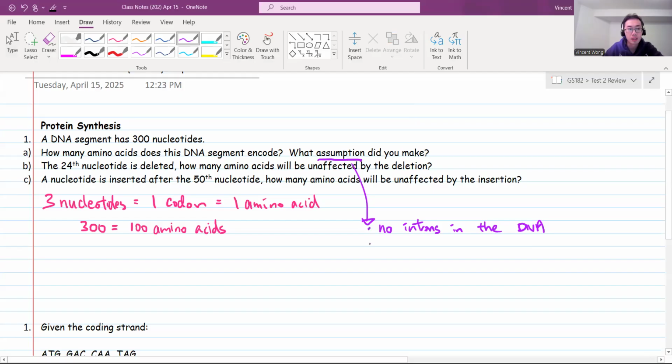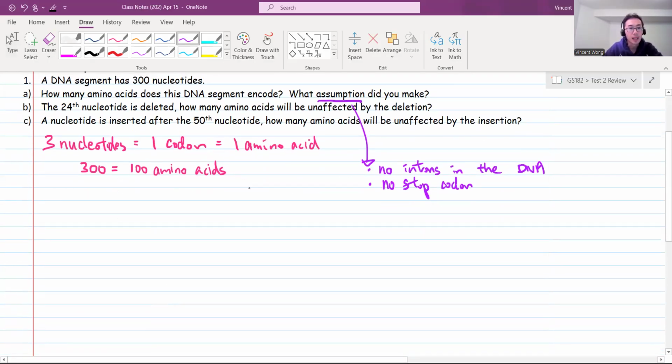Another assumption we made would be no stop codon. If there is a stop codon somewhere in the DNA segment, then it's not going to be 100 amino acids; it's going to stop somewhere in between. So these are the assumptions that you might have consciously made or not. It really depends.